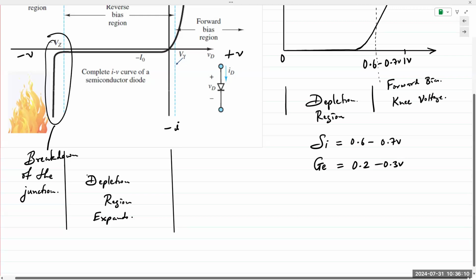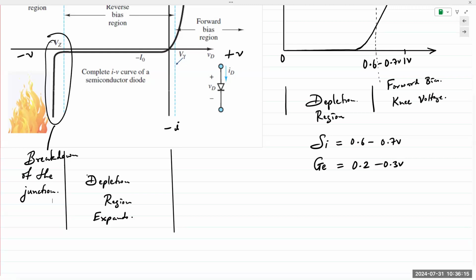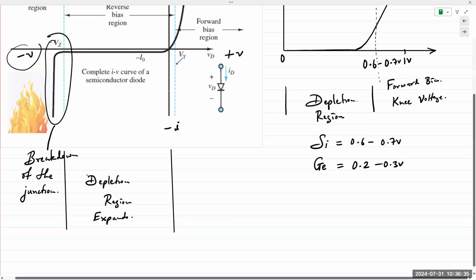Again, the depletion region keeps expanding, but there's so much energy being provided from the external source that even though the depletion region is expanded, there is a huge amount of charge carriers. Now they acquire so much energy that they cross the junction and current starts flowing, but now it's in the opposite direction. Again, it's reverse bias, so you're applying negative voltage, which results in negative current flow.